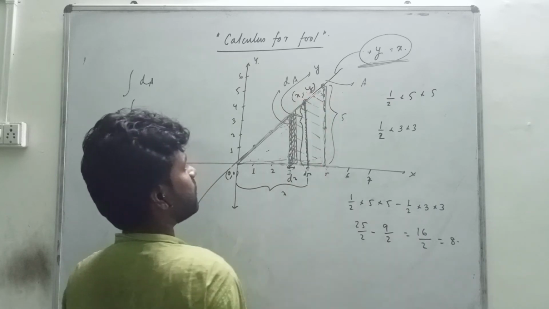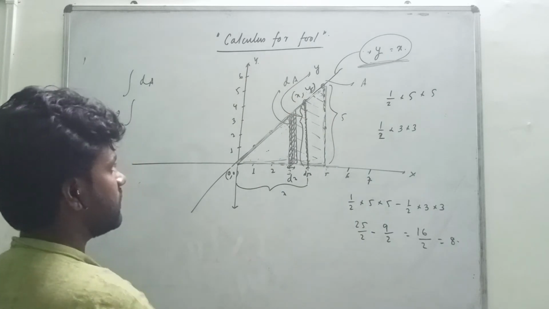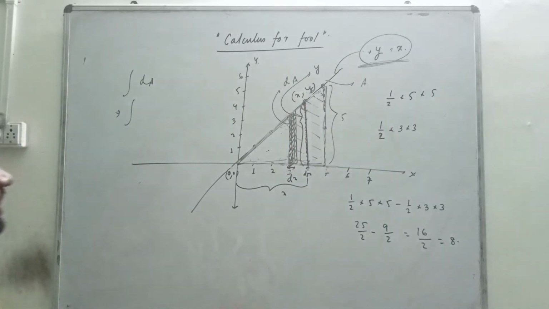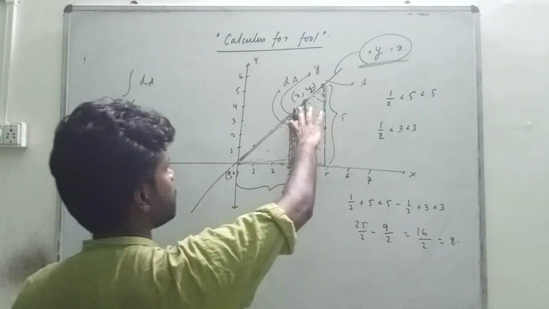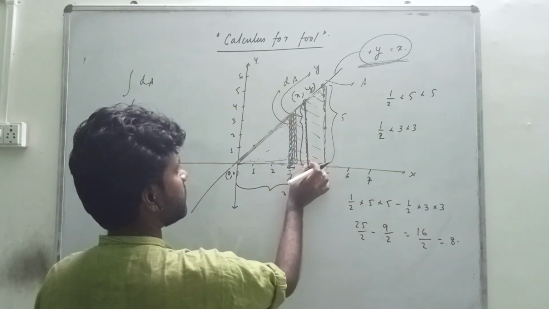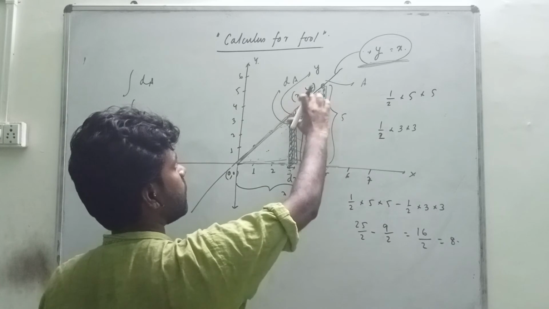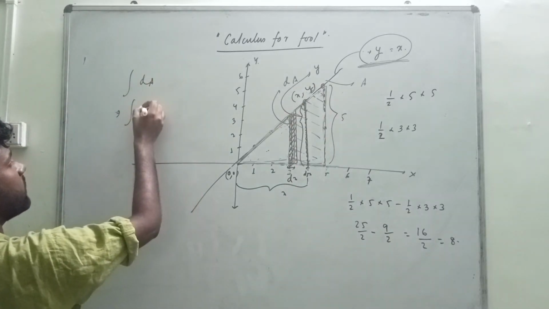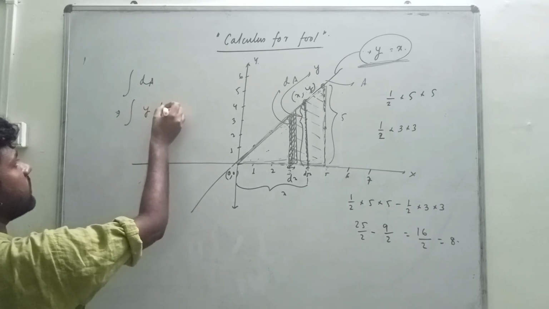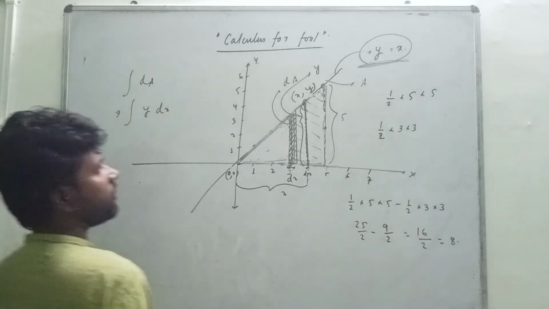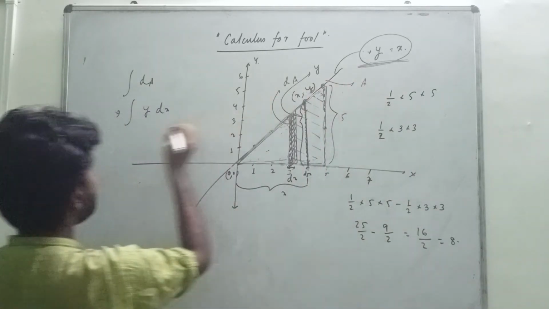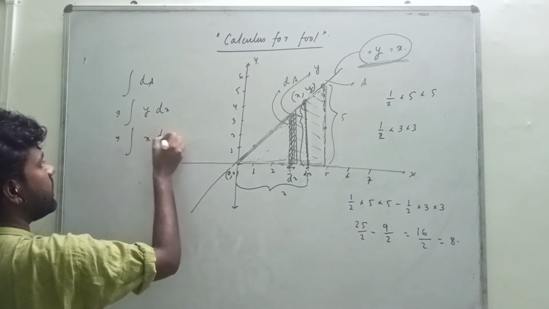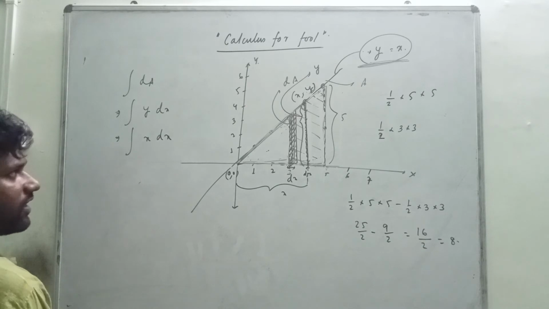Okay. So what is this arbitrary area actually? Y dx, because the height is y and it is dx, so the arbitrary area goes to y dx. So the dA means the arbitrary area is y dx, right? And what is y actually? Y means x. It's an x dx. Okay.